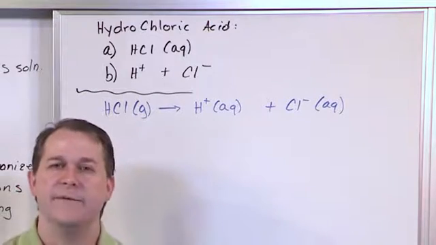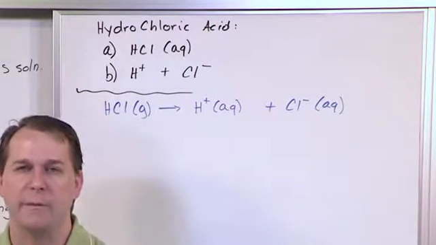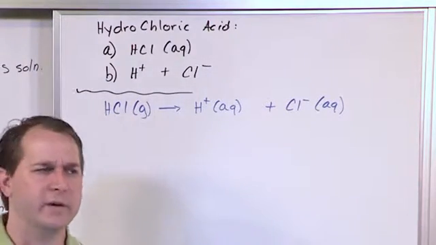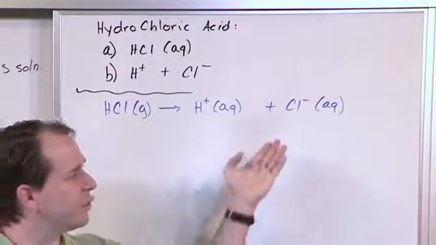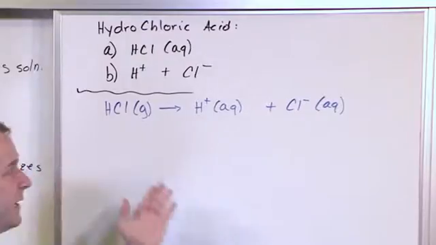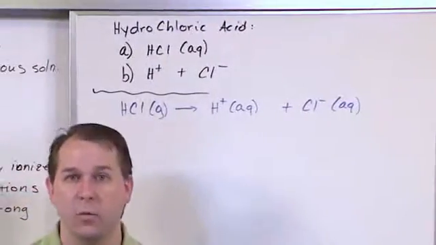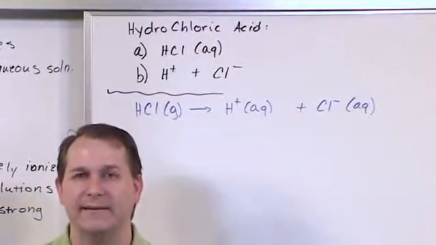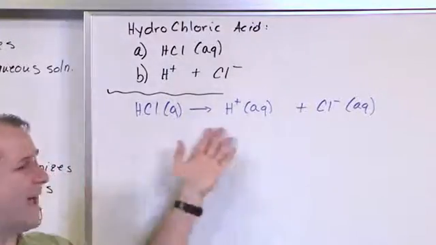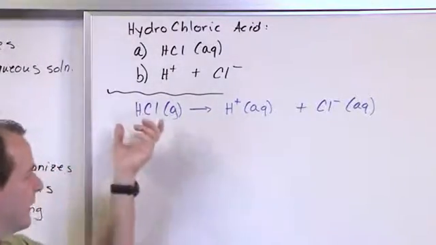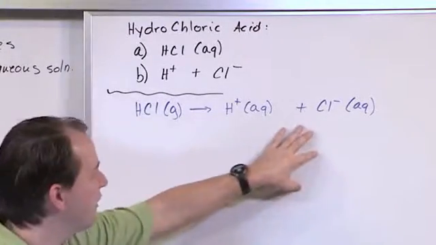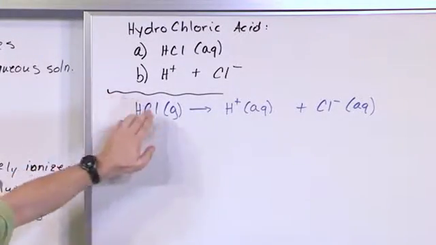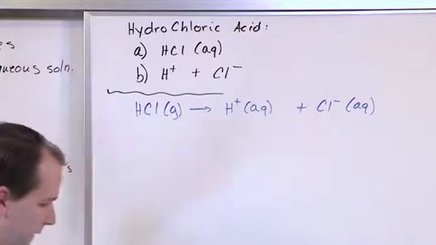If you're given a problem like all the problems we worked in the last section, calculating the concentration of the hydrogen ions and of the chlorine ions, given that you've put so much of this stuff in the water, it's the same exact math. The fact that this is an acid doesn't really change anything. It's still something you put in water, breaks apart, and the chemical equation describes that 1 mole of this yields 1 mole of this and 1 mole of this.